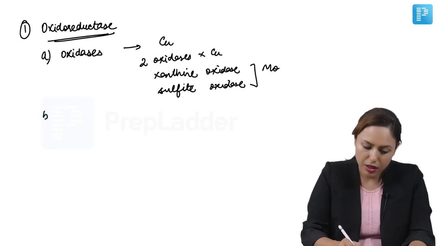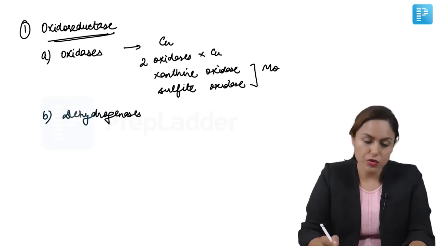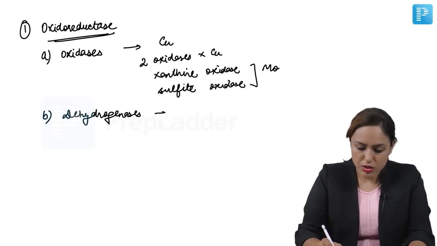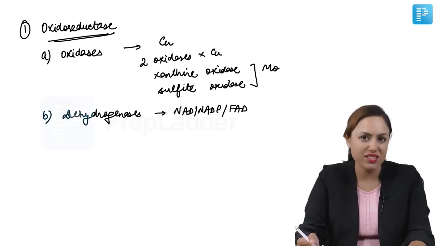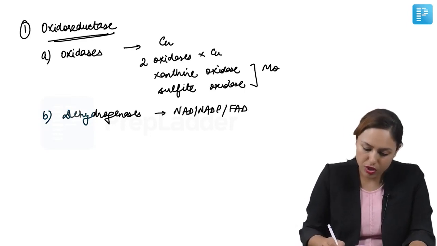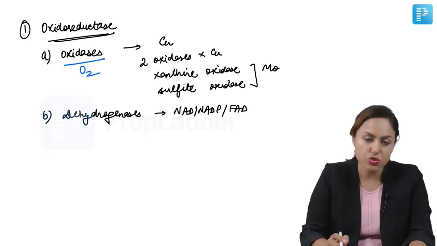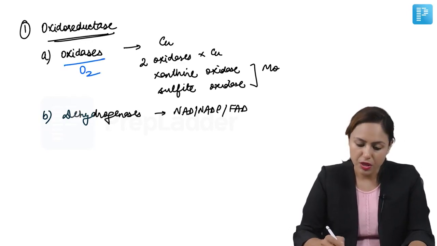Then we have dehydrogenases. Dehydrogenases use NAD, NADP or FAD as hydrogen acceptor. Oxidases use what? Oxidases use oxygen as a hydrogen acceptor.